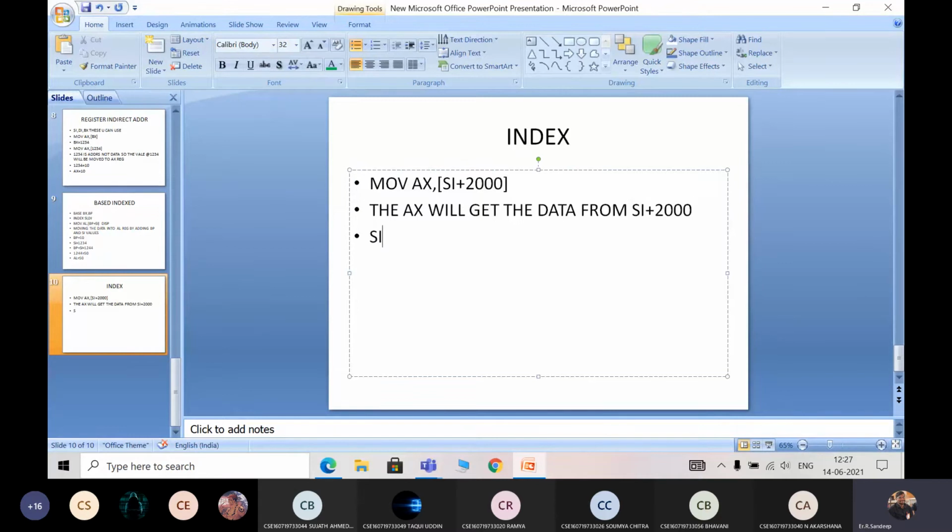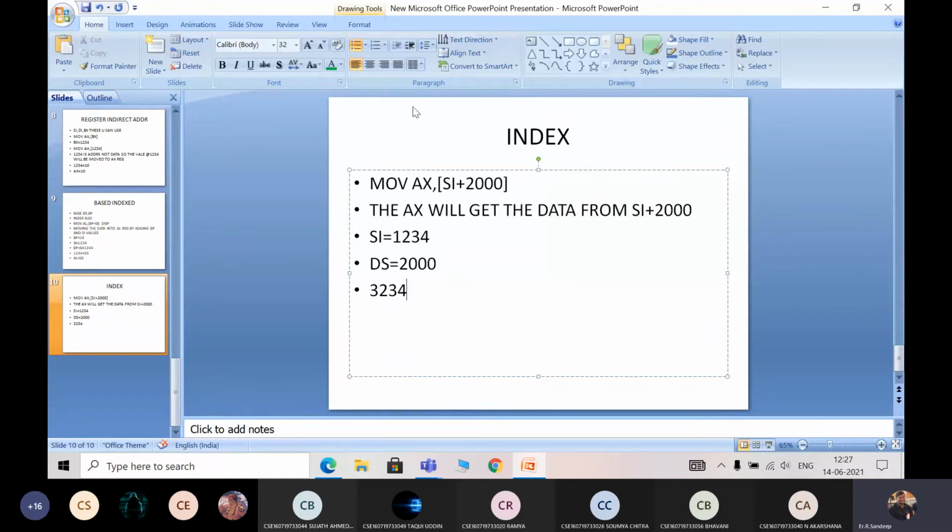For example, SI is having the value 1234. If you add 2000 to it, the total value will become 3234.